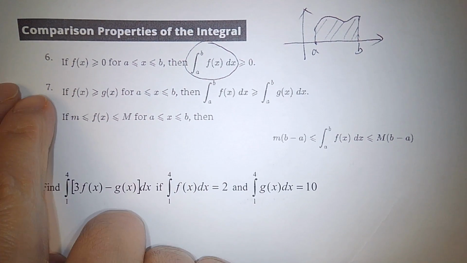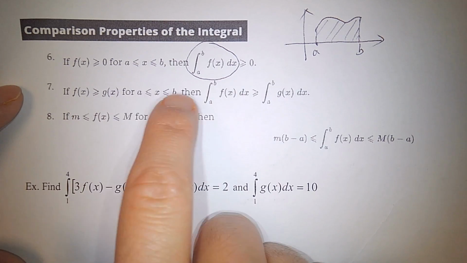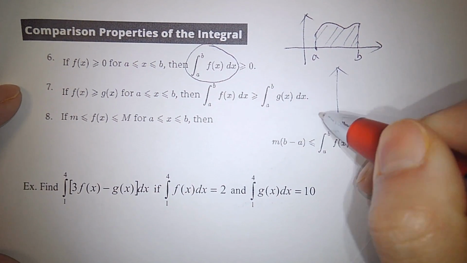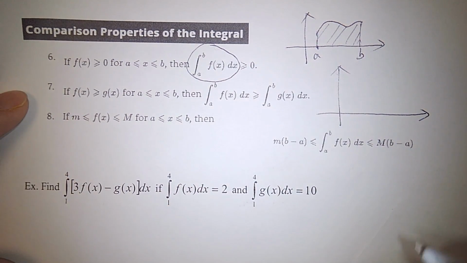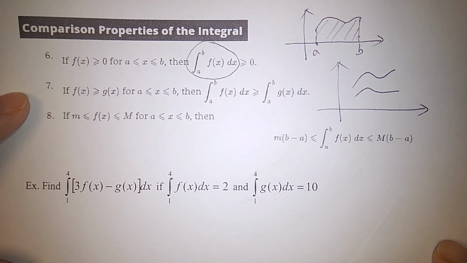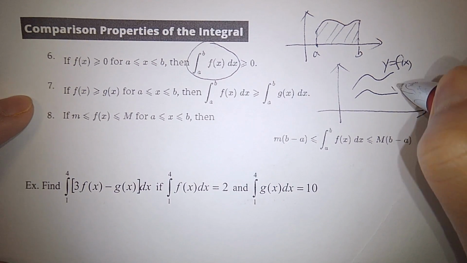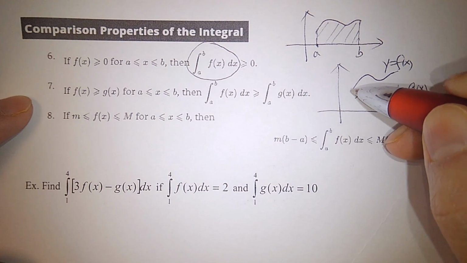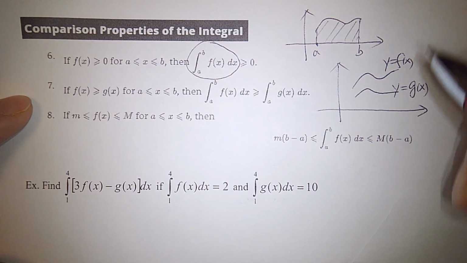All right, property 7. If function f is greater than or equal to g for x between a and b, how to understand this? What does f greater than or equal to g mean? It means if we have 2 curves, one for f and one for g, the curve of f must be on top of g, right?